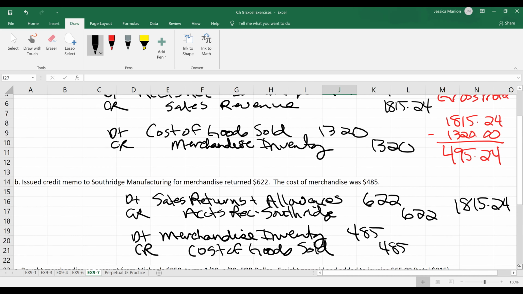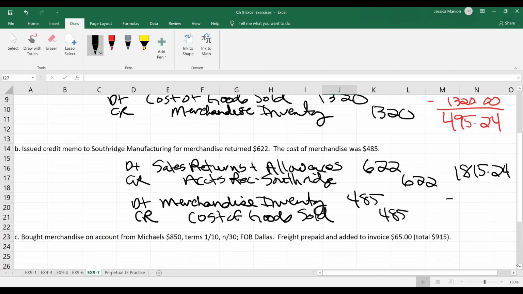And now the customer has returned 622 worth of merchandise. So now they only owe us what? They owed us 1815.24 minus 622. So now they only owe us 1193.24 still owed. Hopefully that makes sense to you.